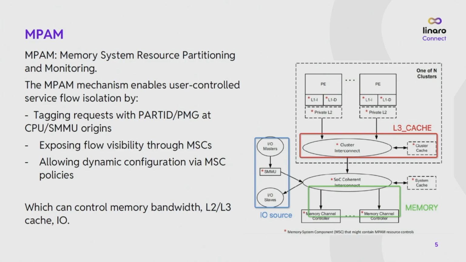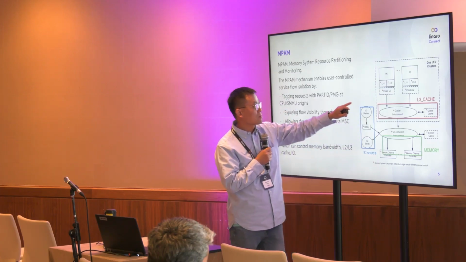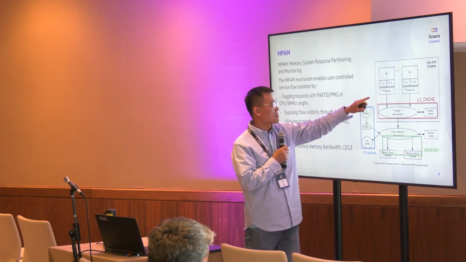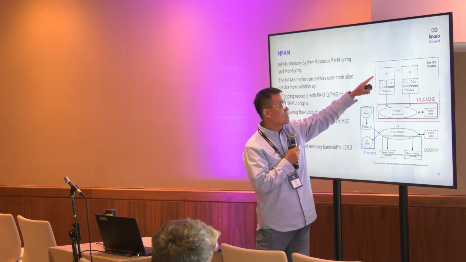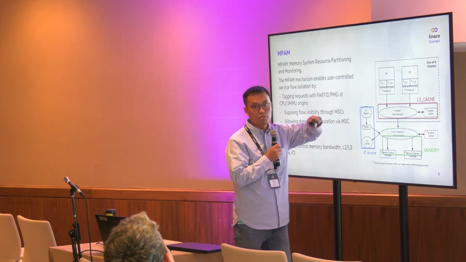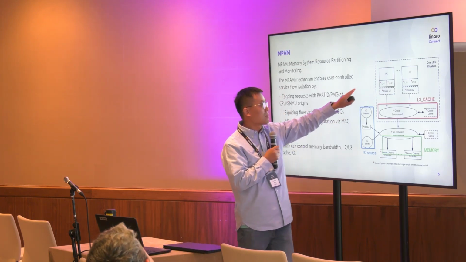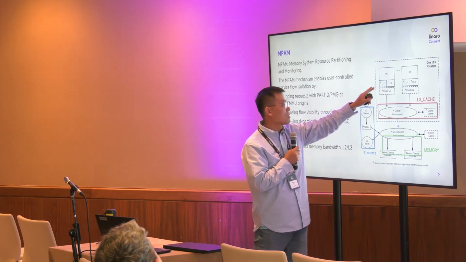So what do we get from the ARM architecture? We get MPAM, which I think a lot of people already know. There are three resources we can monitor and isolate. The first is the last level cache, but we can also do something on the level 2 cache, for example with SMT, where two SMT threads can do some partitioning and isolation of the level 2 cache.